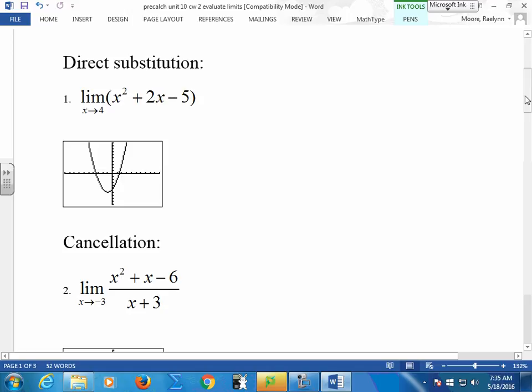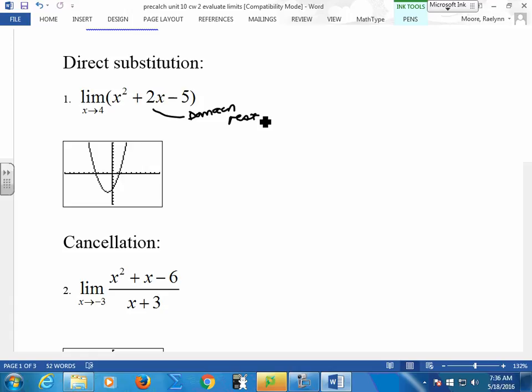So this guy, when we look at this, does it have any domain restrictions? Is there any value of x that can't be used? So anything you plug in is going to return a y value. So always look at your domain restrictions. This has no domain restrictions. I get a nice little parabola.